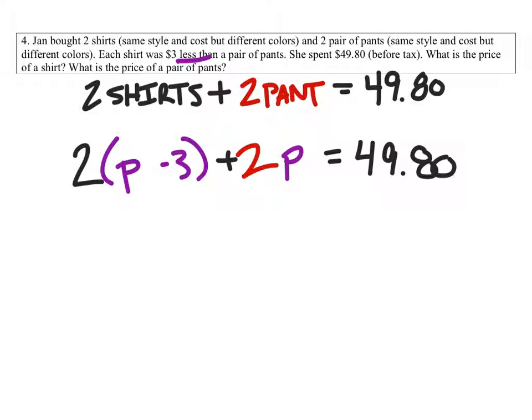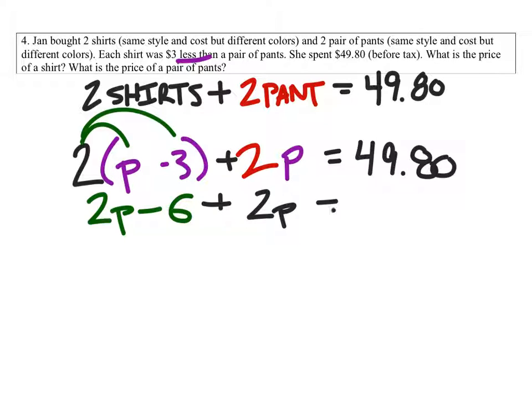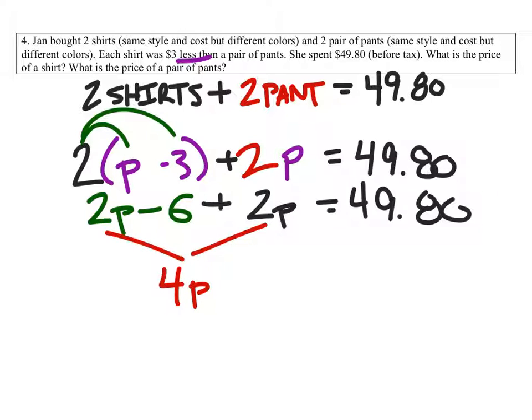Now we have an equation that we must solve. Okay, well, let's solve this. We're going to need to distribute right here. So 2 pants minus $6, and then we still have the plus these 2 pants should equal $49.80. And we can combine like terms now. 2 pants and 2 pants would be 4 pants minus $6. And this should equal $49.80.